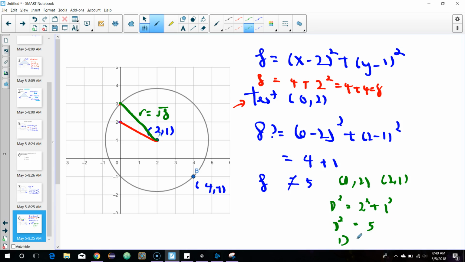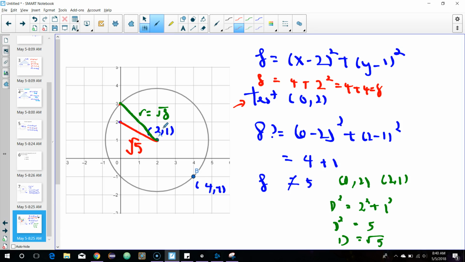So d is going to be the square root of 5, right? That is an odd looking square root of 5. So obviously the square root of 5 is less than the square root of 8, because 5 is less than 8. Therefore, this point (0, 2) is going to be within the circle.